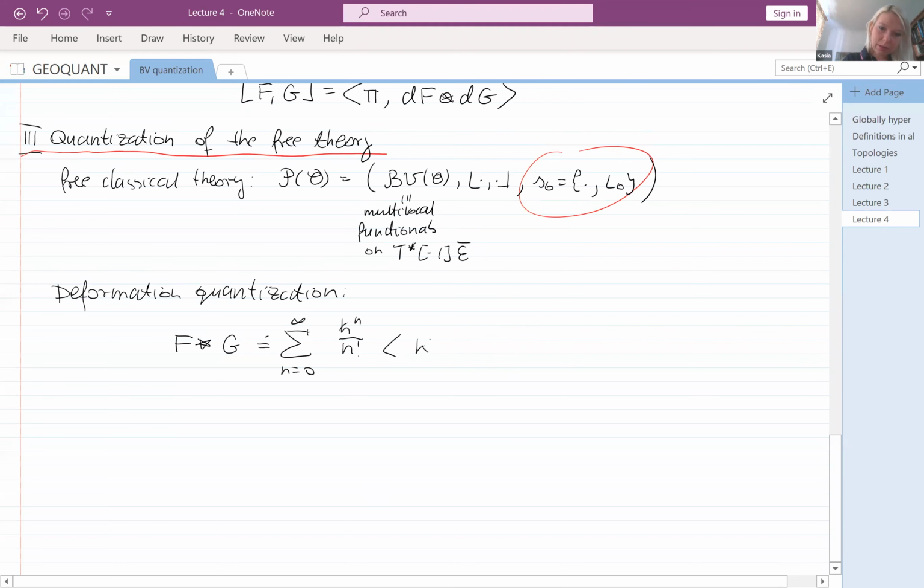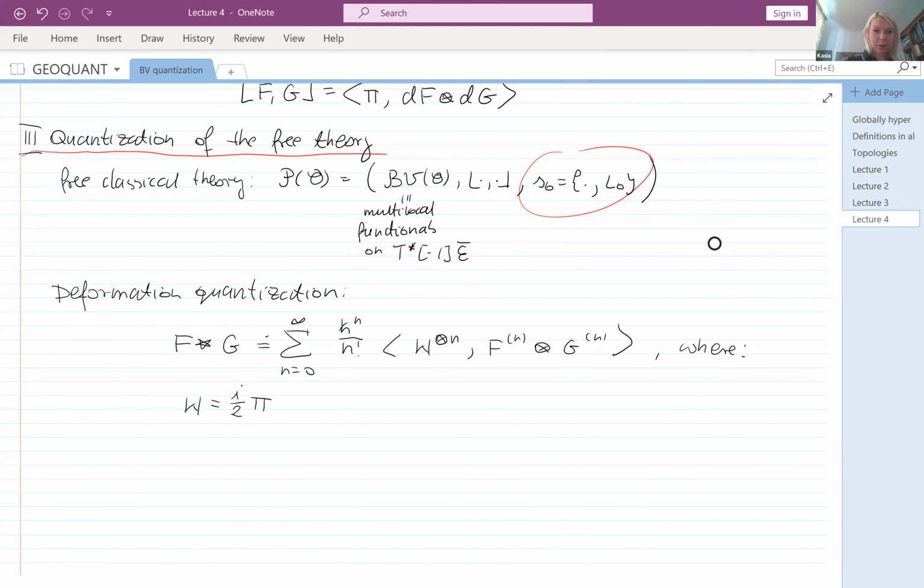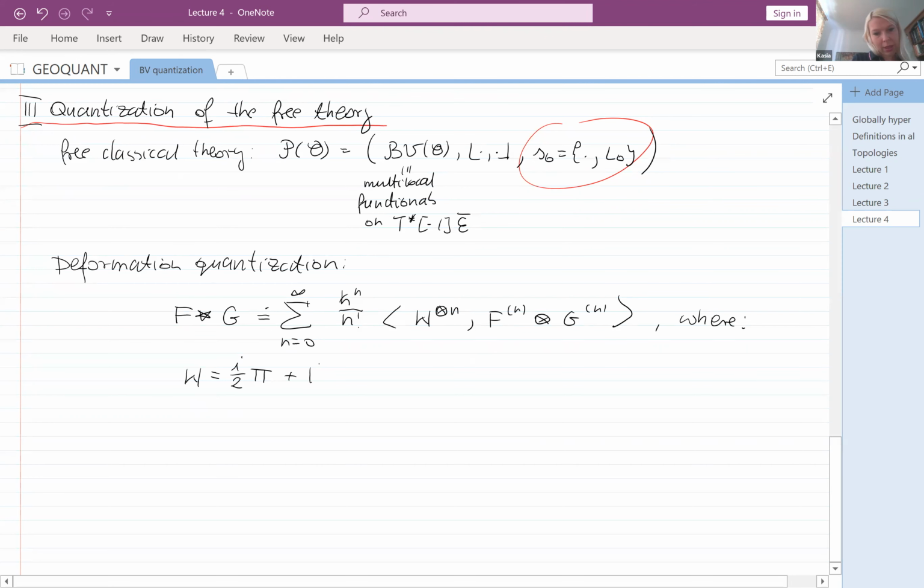Here I have some integral kernel, and then I contract it with derivatives of F and G. This integral kernel W is what Stefan denoted by lambda. The antisymmetric part is this Poisson bivector, but it also has a symmetric part, which doesn't change the commutator.